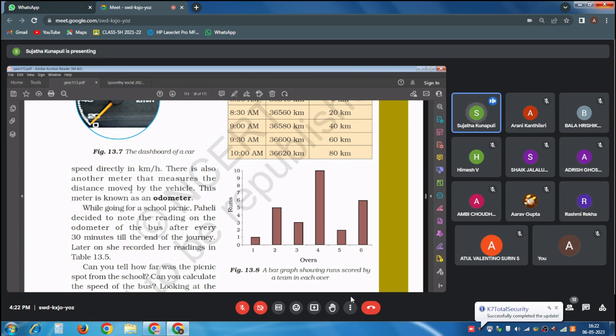From the number we got after the destination, if you subtract the initial reading, you will get how much distance you have traveled. All those things you will get.